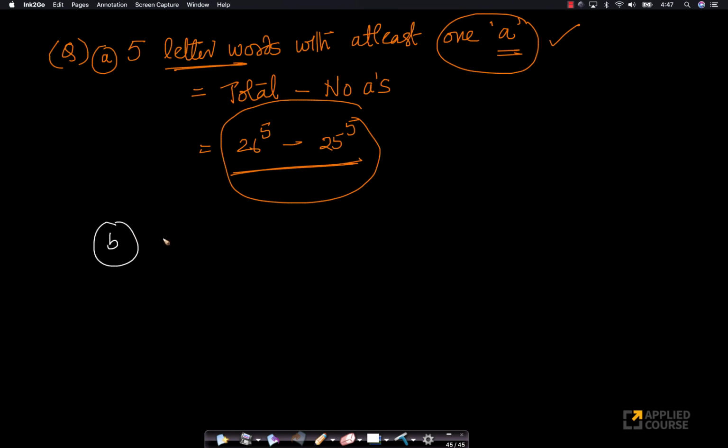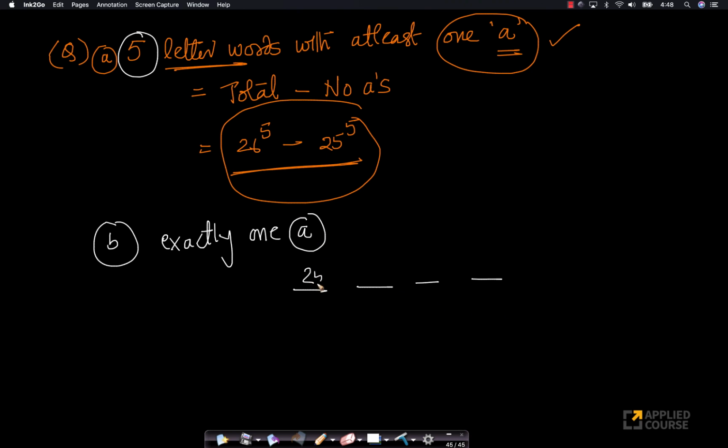Okay. So if I want exactly one A, how do I do it? Let's solve this. These are 5-lettered words, right? So first I'll fill 4 letters, or 4 positions. In how many ways can I fill 4 positions? Again, when I want exactly one A, it means I'll avoid A here.